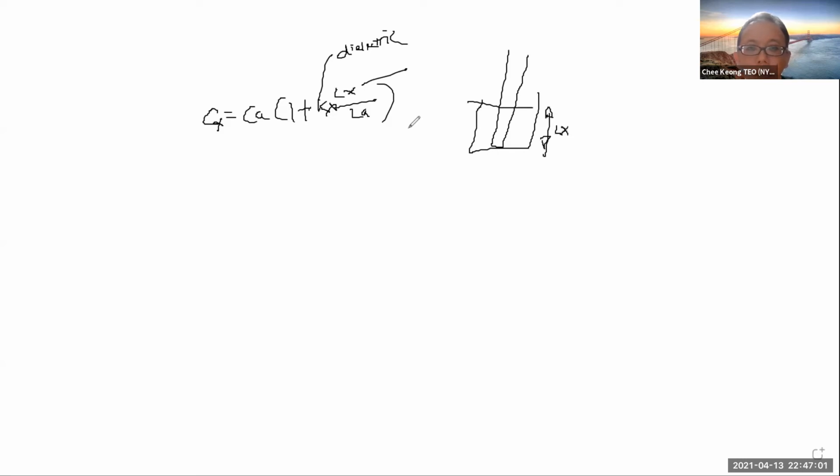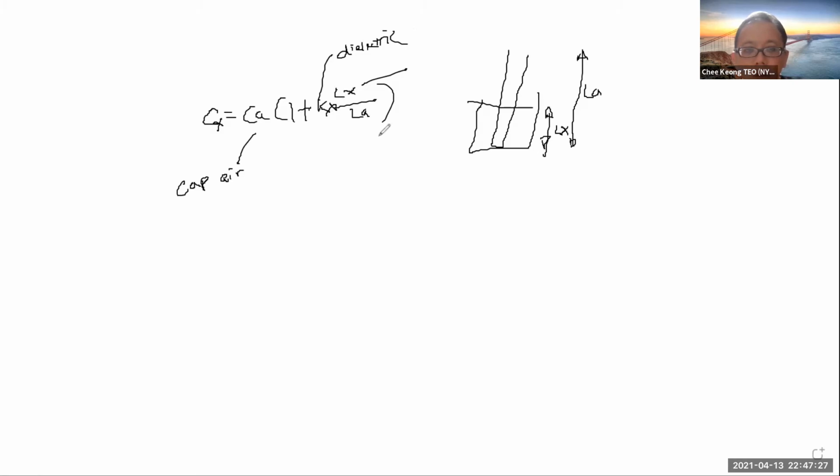And LA is the entire length of the probe. CA is the capacitance at air, without submerging. And of course, CX is your total capacitance.